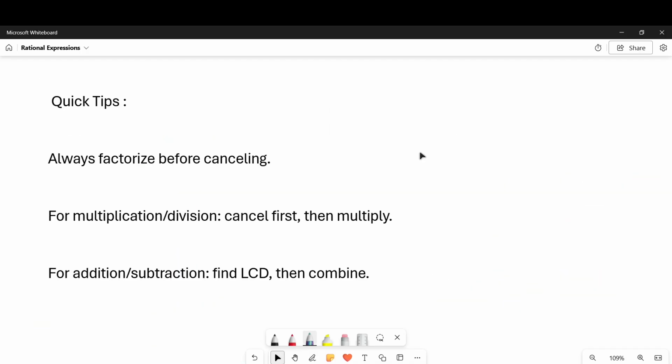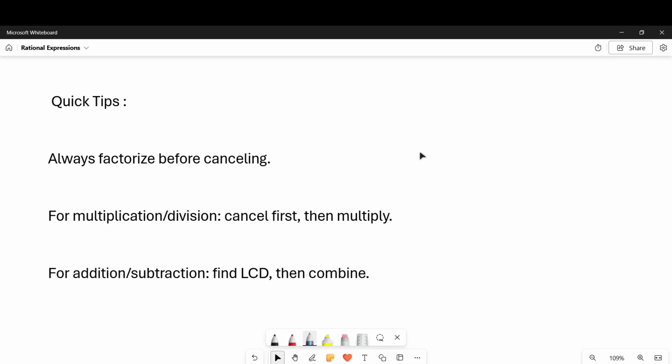Okay, let's discuss some quick tips for the simplification process of rational expressions. First, always factorize before cancelling. First we need to find the factors, so we factorize the terms into a simpler form. Then we look for cancelling. That makes it easy for you to cancel and get to a simpler form.